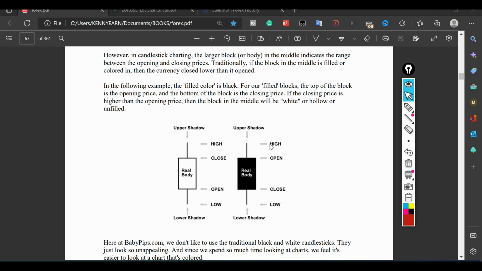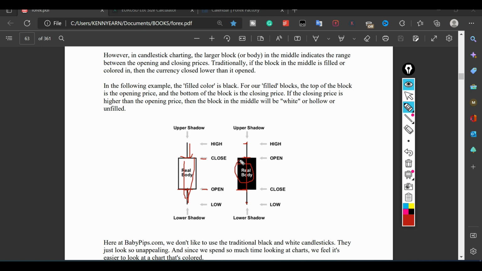So you can see here we have the open, the low, the close, and the high. In this one, the candle closed above the opening price. That makes it a bullish candle. That means the market is buying. Here the candle opened and closed below the opening price. This is the low, this is the high. It's called a bearish candle, and this is the body.